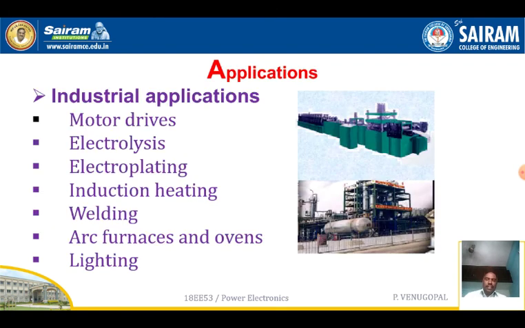Applications: we discussed various applications of power electronics. One such is industrial application. It can be used in motor drives, electrolysis, electroplating, induction heating, welding, arc furnaces, ovens, and also in lighting. These are the industrial applications of power electronics.